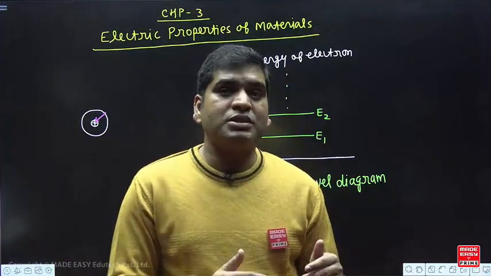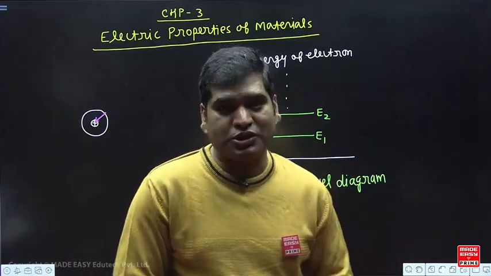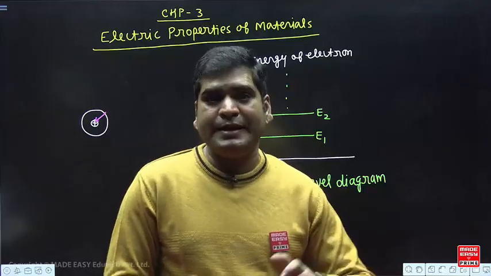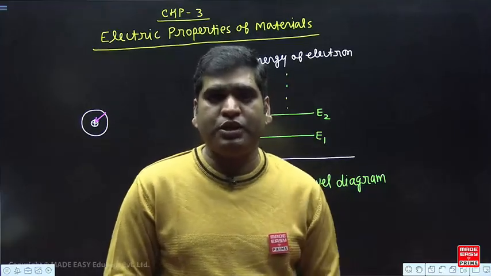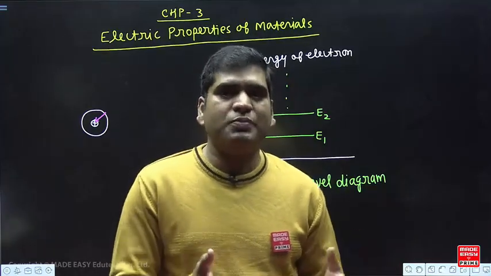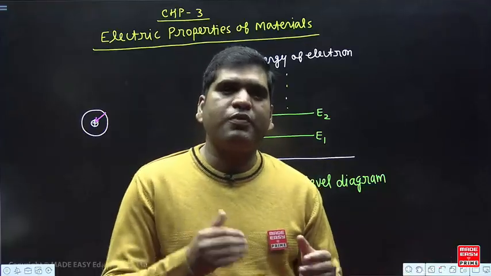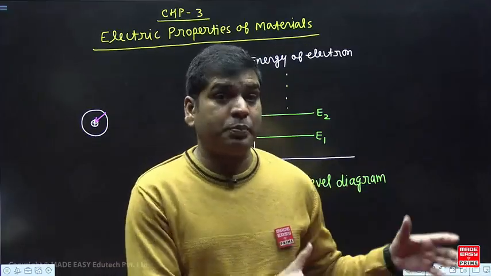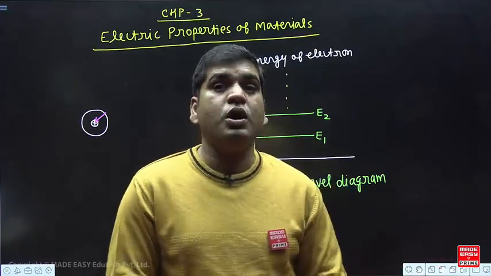These 55 hours give you roughly 14 to 15 questions in paper 2, and 10 to 12 questions in paper 1. So roughly 25 to 30 questions you are going to get from material science paper 1 and 2.